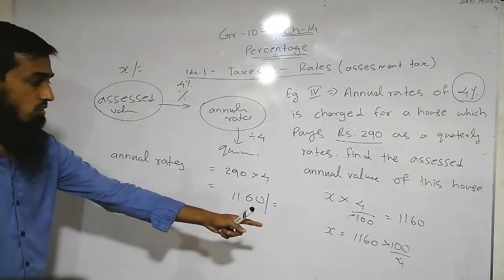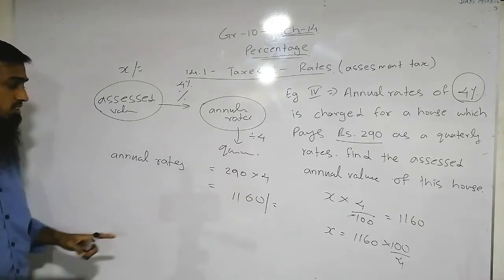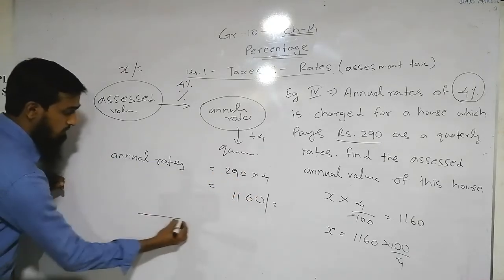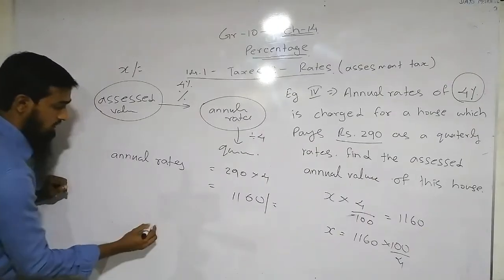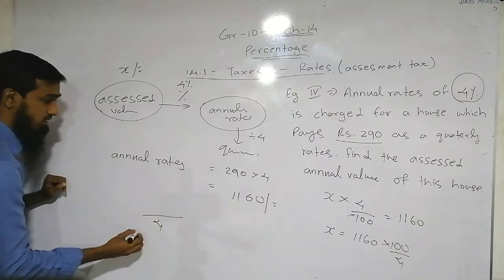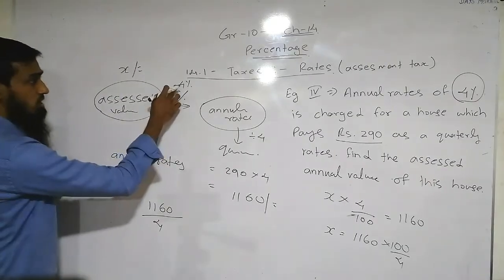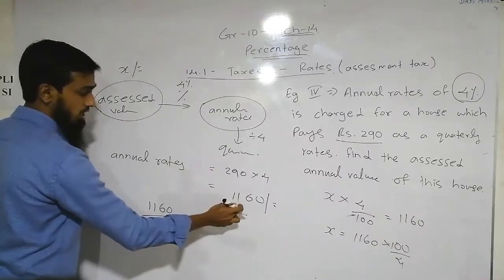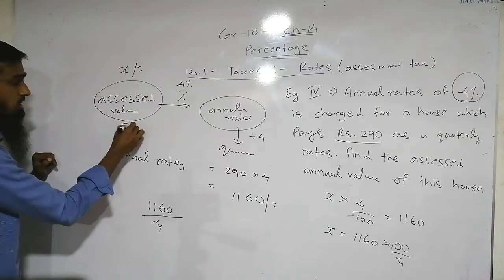We can write that proportion without X like this. 4% of the assessed value is 1160. So the assessed value is 100%.